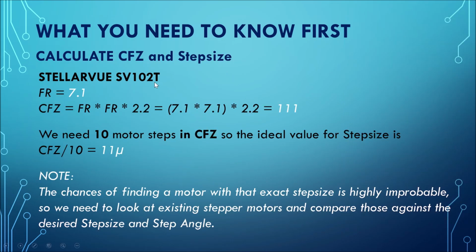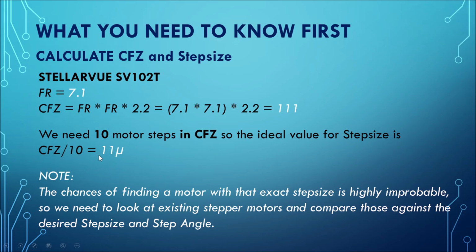Now the Stellarview SB102T has a focal ratio of 7.1. And if we multiply the focal ratio by itself and then multiply the result by 2.2, we get a critical focus zone of 111. And this formula you'll see all over the web. We need 10 motor steps within the critical focus zone.